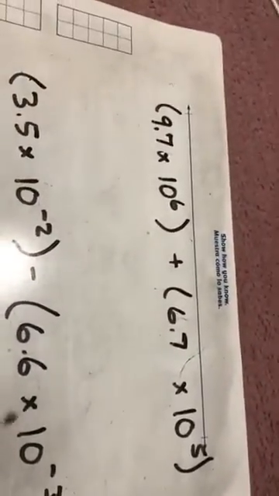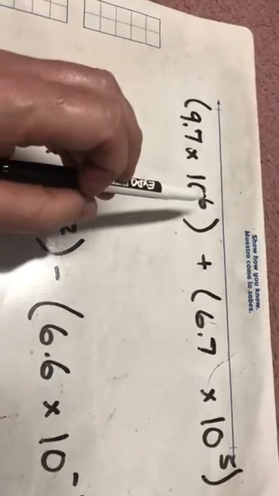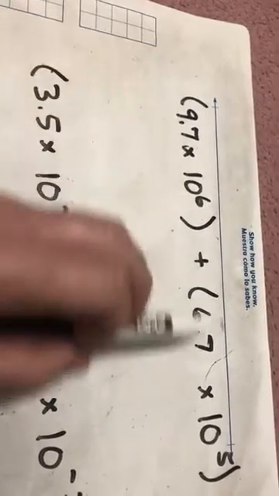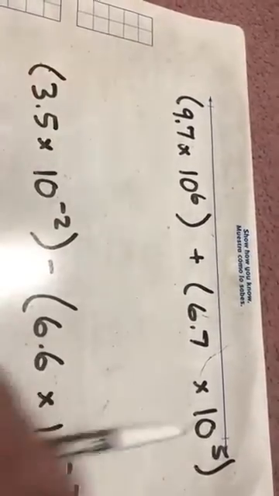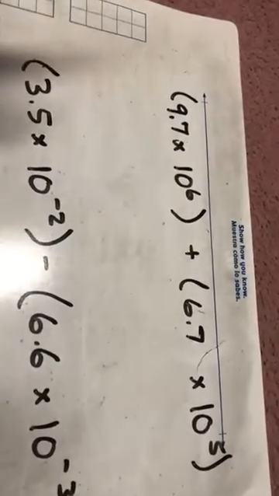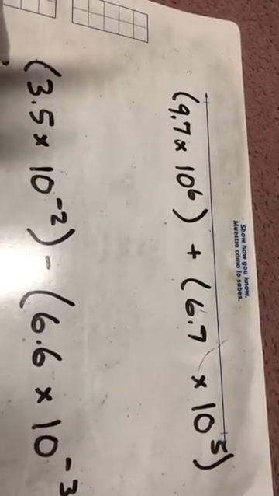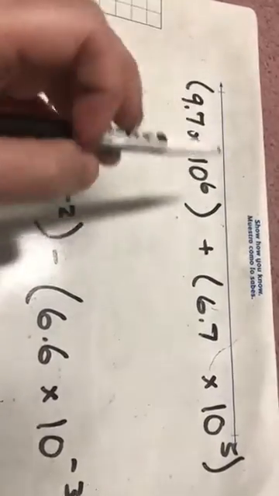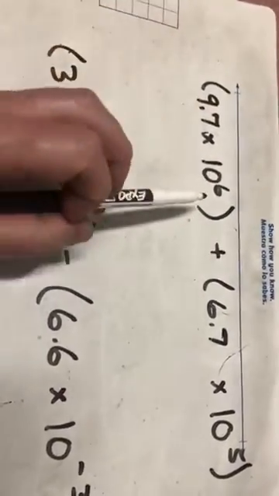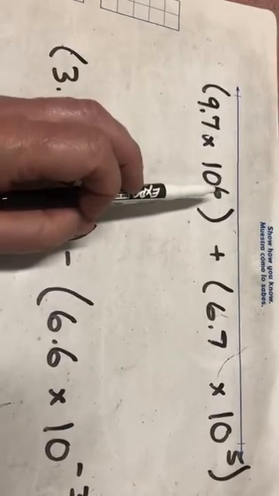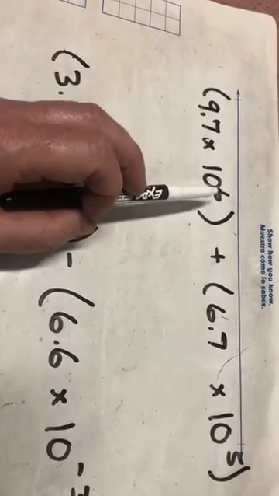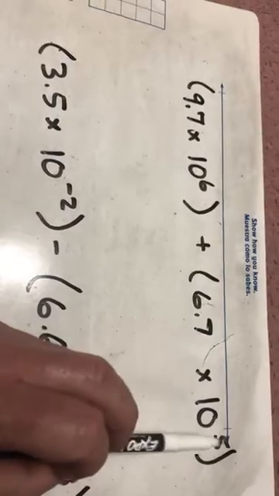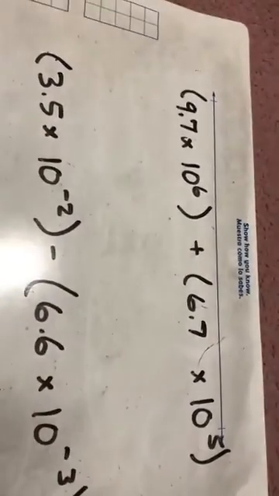The difference is now that my exponents are not the same. And to make them the same, I have to choose: either I want my 6 to become a 5, or I want my 5 to become a 6.